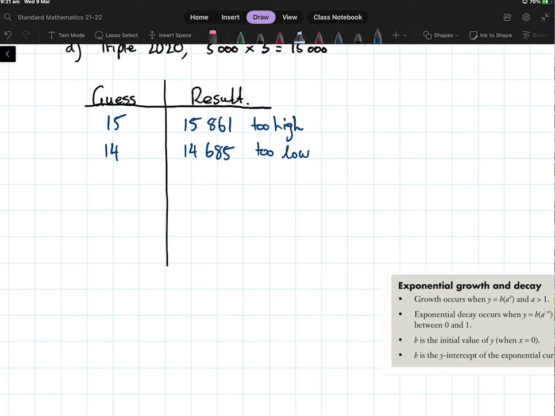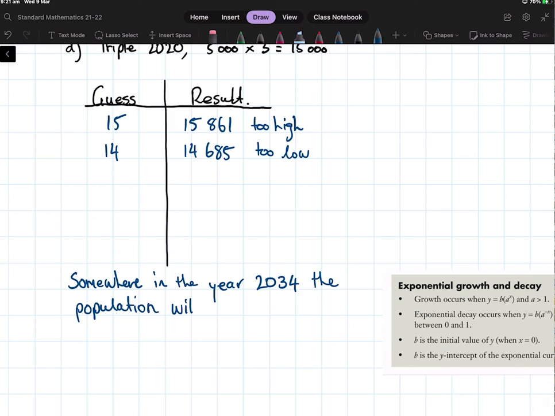So somewhere in the year 2034, the population will triple. So finish that off with a nice sentence, and remember that I'm using 2034 because that's 14 years after 2020.